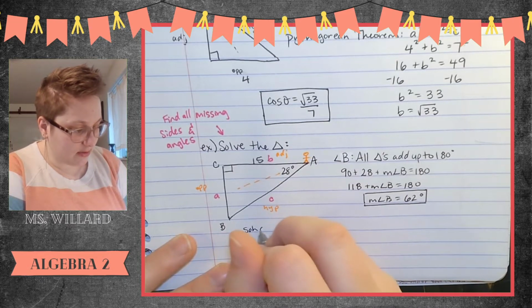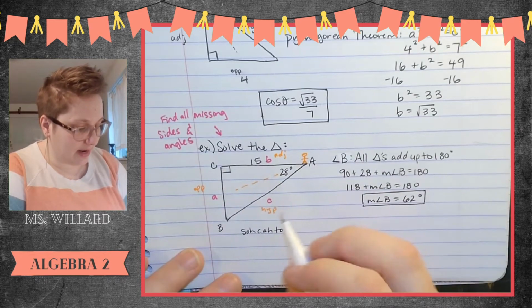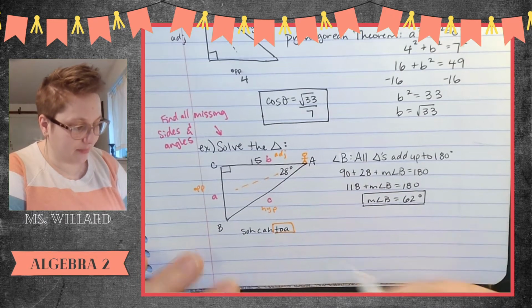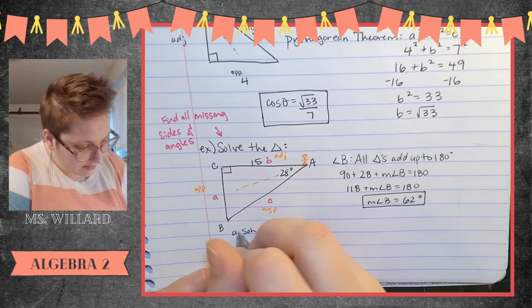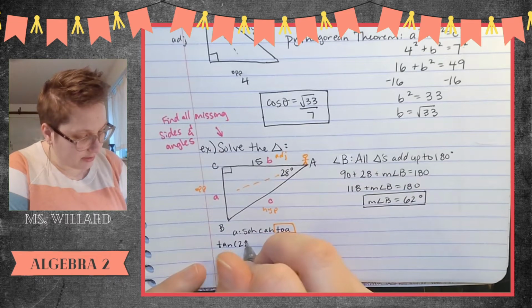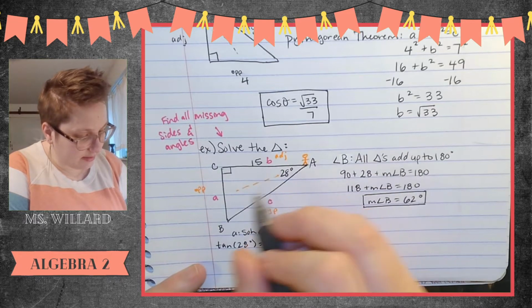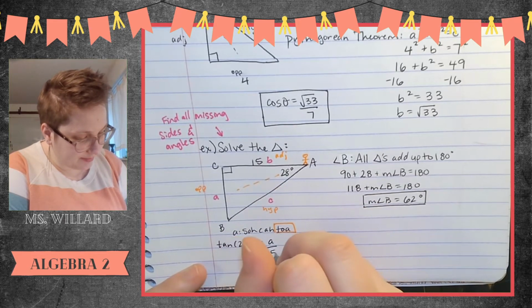So out of SOHCAHTOA, the one that has to do with opposite and adjacent is TOA. So this is for A. I'm going to use tangent of 28 degrees equals opposite, which is A, over adjacent, which is 15.